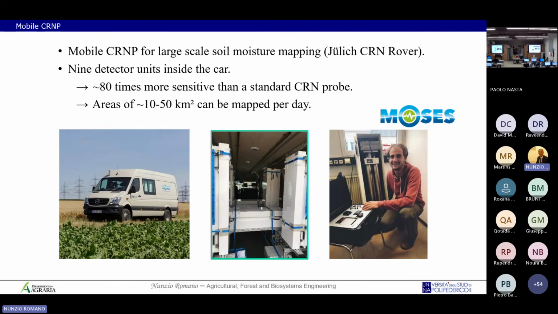They put the cosmic ray neutron probe on a minivan, on a rover, and they move across a certain area, and in this way they have collected soil moisture information on areas ranging from 10 to 50 kilometers in a map in about 1 day.